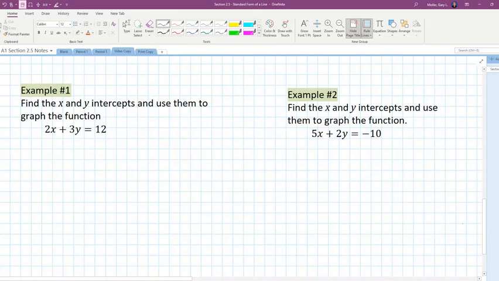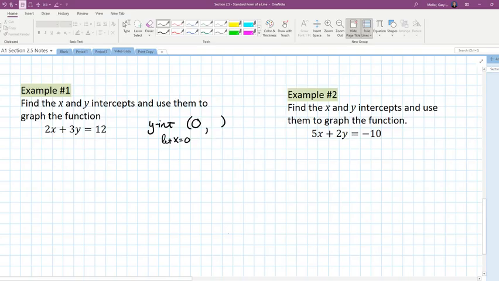All right, so to find the y-intercept, it's going to be a point, and it's going to be the point where we let x equal 0. In other words, plug in 0 for x. So the y-intercept is the point 0 comma something y.